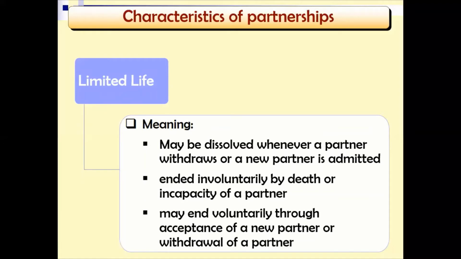So these are very important events that when they take place in a partnership business, then a partnership is considered to have been reformed afresh, or the partnership life is ended and a new partnership has been formed.